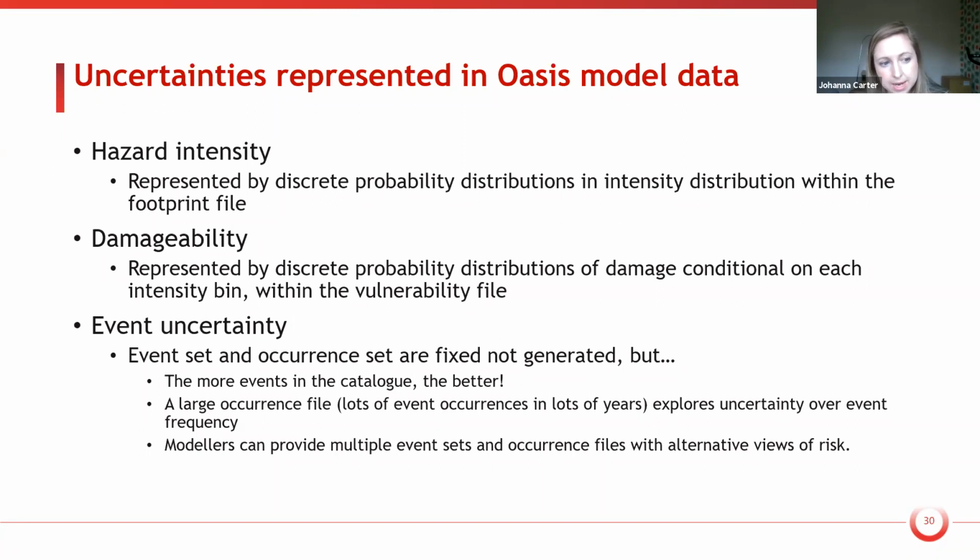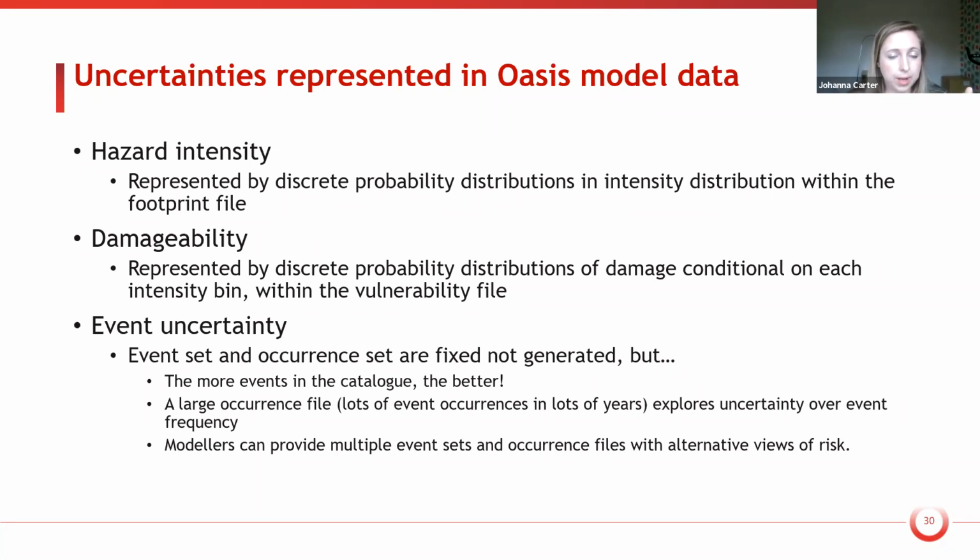Event uncertainty is not randomly represented or generated in Oasis, because the model developers provide a fixed set of events and a fixed set of event occurrences. But really, the more events that you have, the more scenarios you are exploring in that model. So the more events, the better.